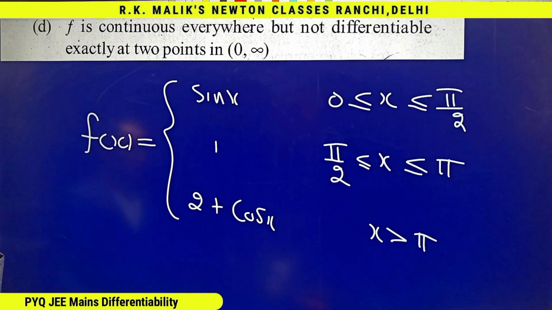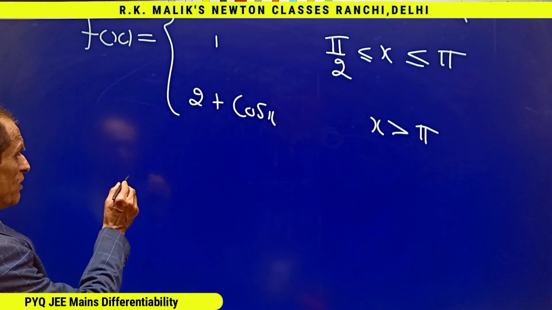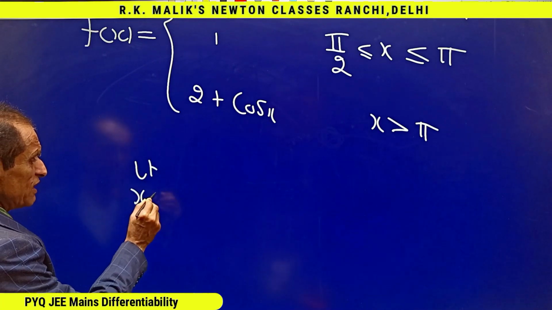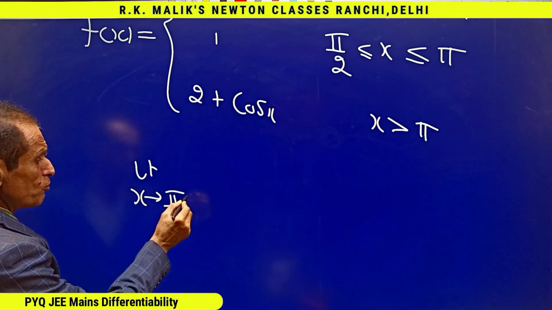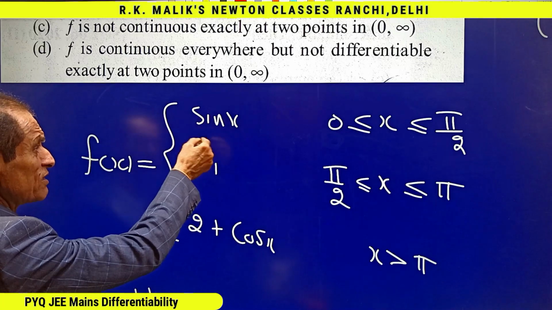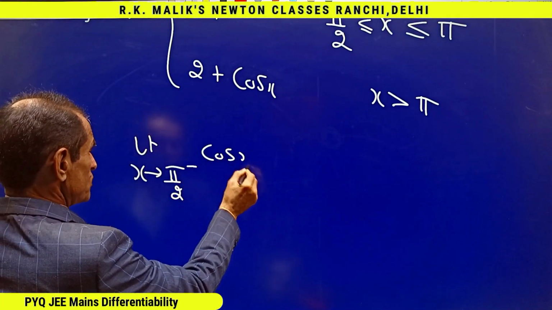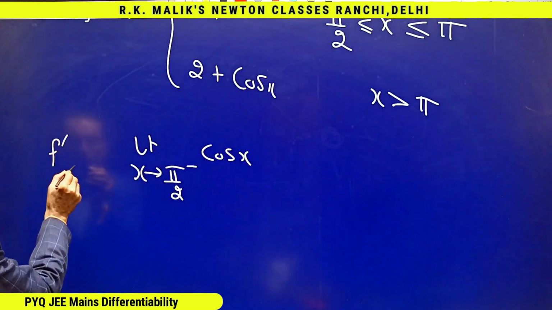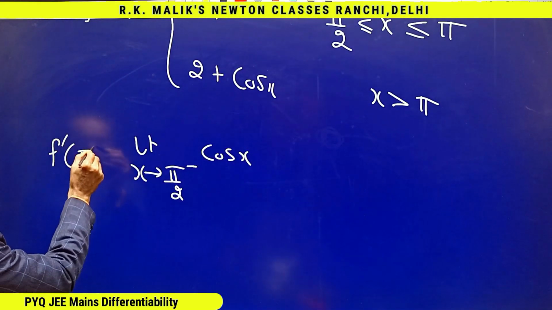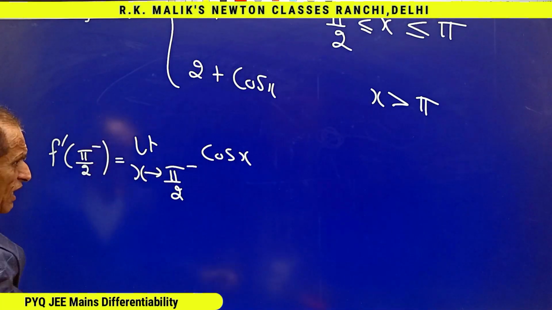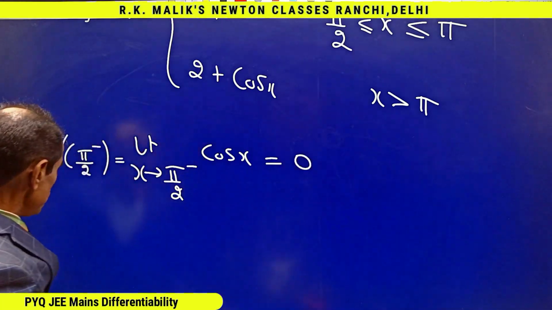And the shortcut way you must have learnt while preparing for JEE, and by the shortcut way I can easily say that the left hand derivative at pi by 2 will be the limit as x tends to pi by 2 minus, and I will write the derivative of this, that is cos x. This is f dash of pi by 2 minus, and this is 0.